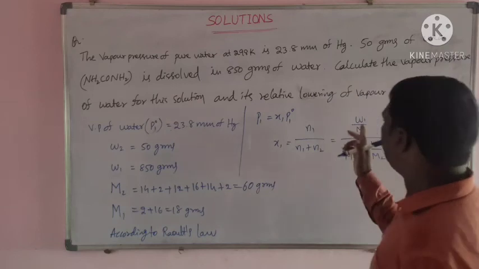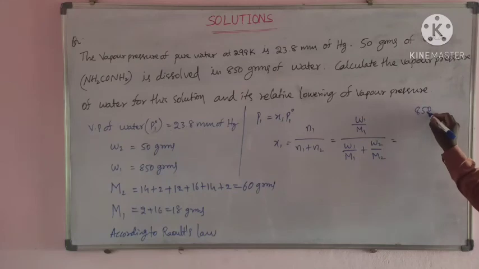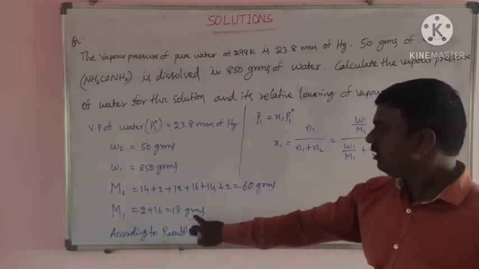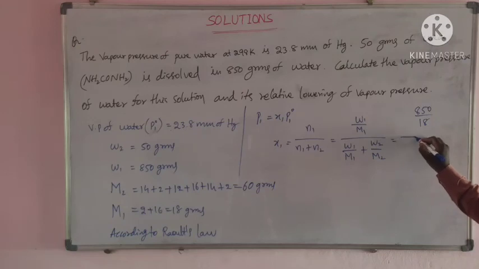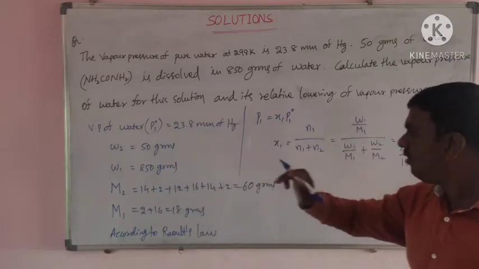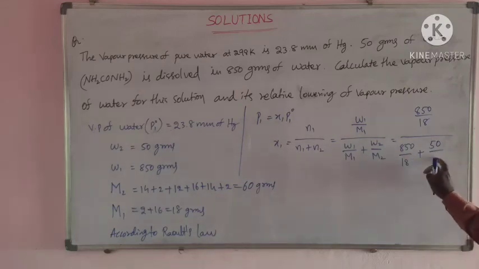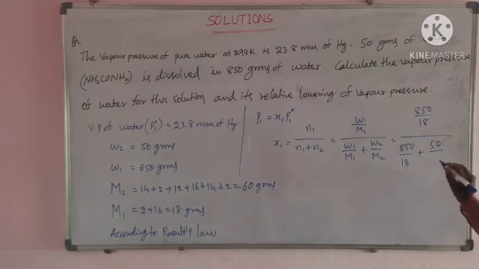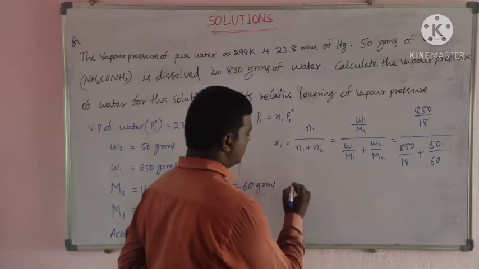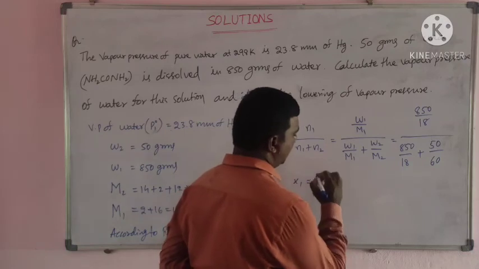Here W1 is 850 by M1 18 grams upon 850 by 18 plus W2 is equals 50 grams by M2 is equals 60 grams. Here x1 is equals 0.983.